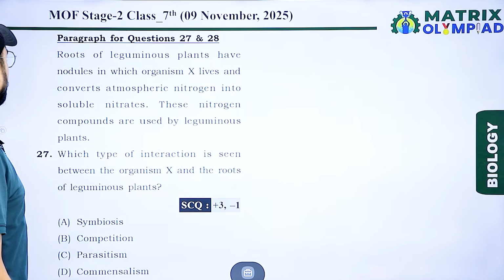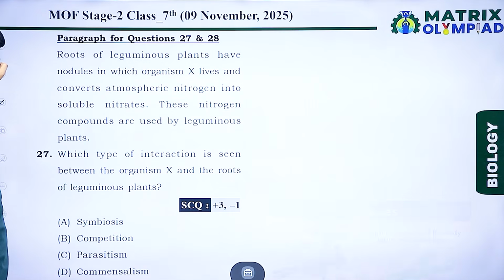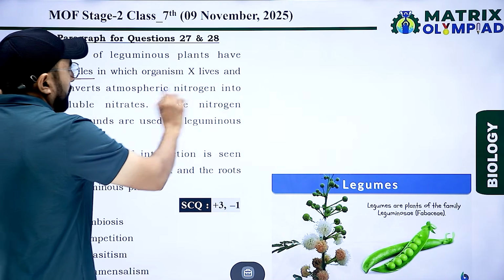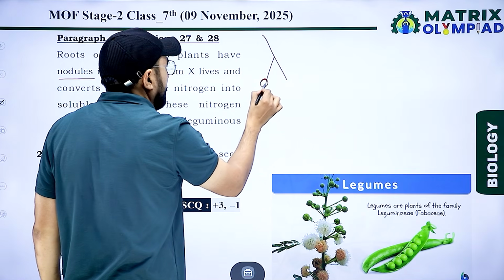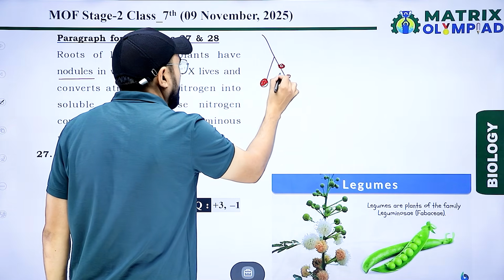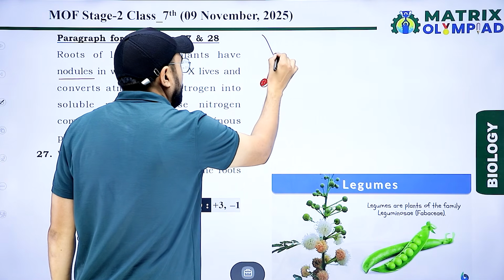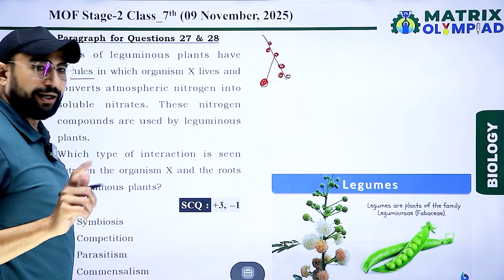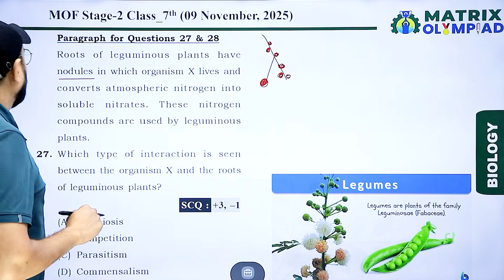Next, paragraph question. The roots of a legume plant have nodules like this. These nodules contain microbes, bacteria that help in nitrogen fixation.